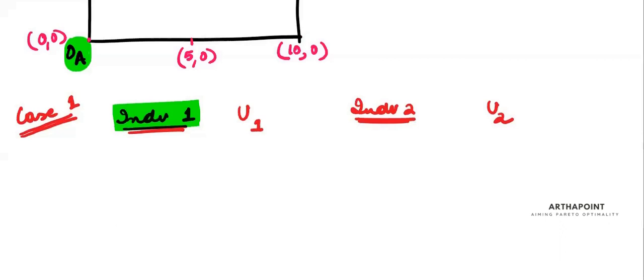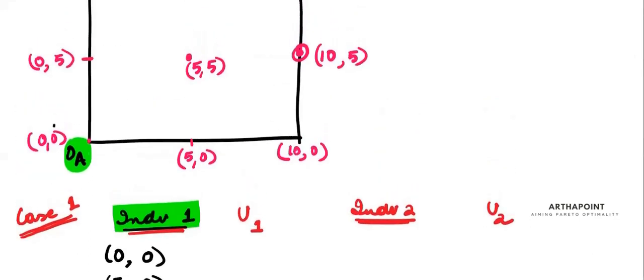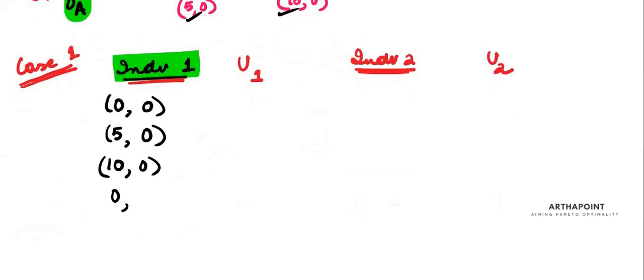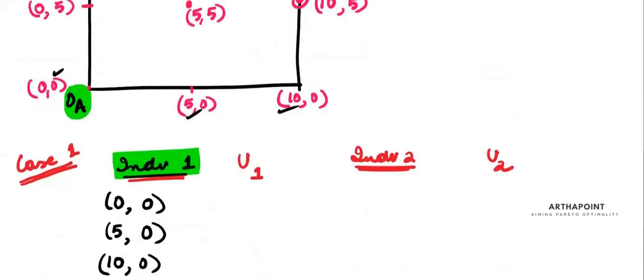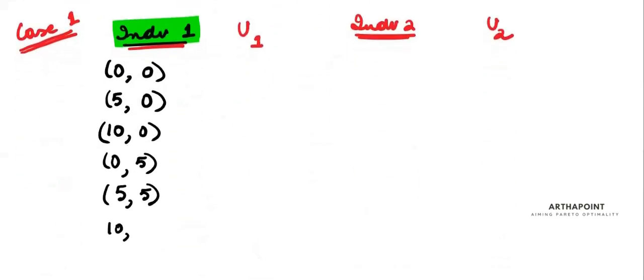So let's write down all the reference points of individual 1. He can have no unit of both the goods. He can have 5 units of good 1, 0 units of good 2. He can have 10 units of good 1, 0 units of good 2. These are the points. He can have 0 units of good 1, 5 units of good 2. 5 units of good 1, 5 units of good 2. 10 units of good 1, 5 units of good 2.